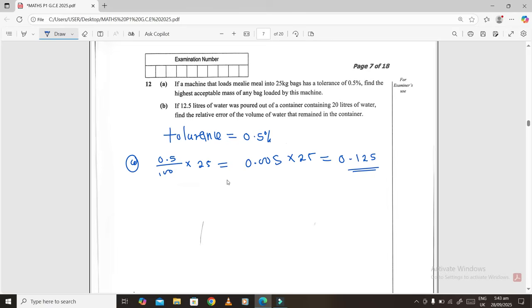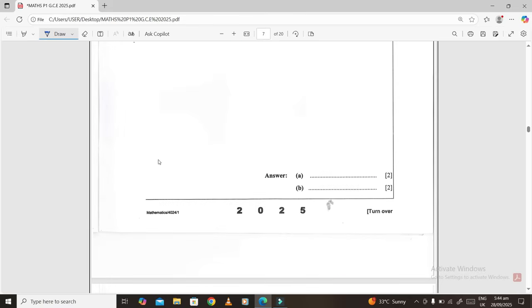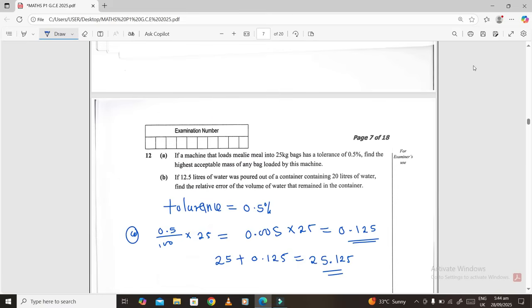So this 0.125 must be added to 25. We say 25 kg plus 0.125, which gives us 25.125. So we can write 25.125 as our highest acceptable mass.